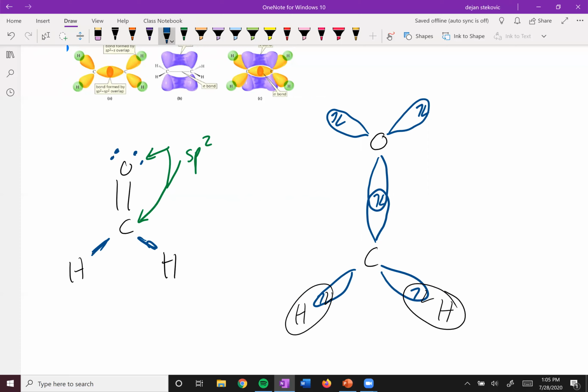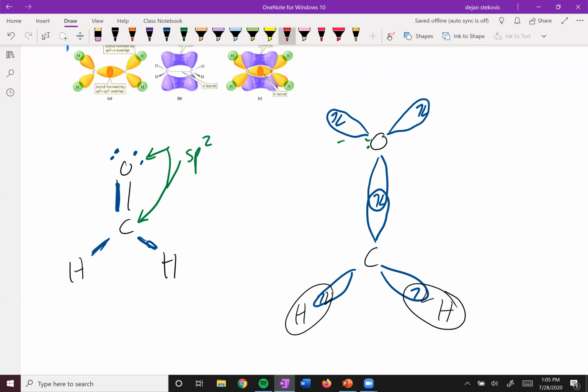And so that takes care of all of our sigma bonds. And then we have one leftover p orbital, right? In this case, this p orbital would be coming kind of out of the board. Half the lobe would be coming out of the board, and then the other half would be going directly back into the board, right? So coming out of the board, and then back into the board. I probably should have drawn that in a different color, huh?